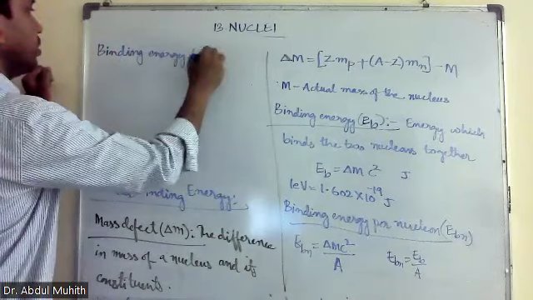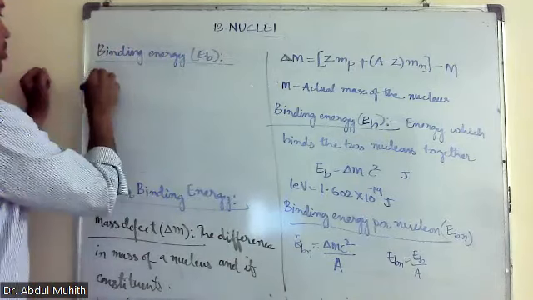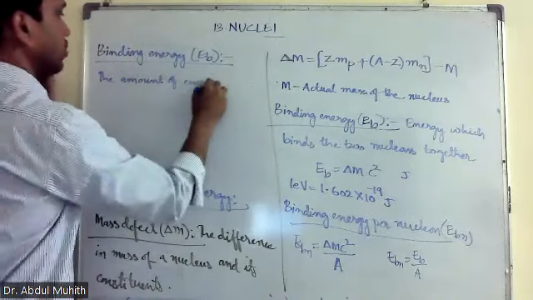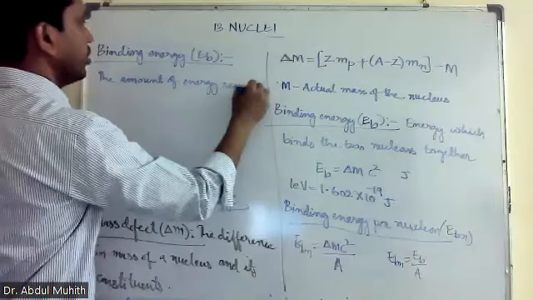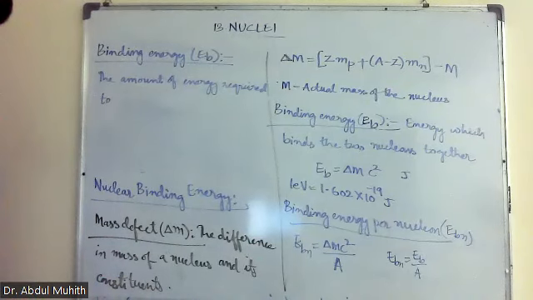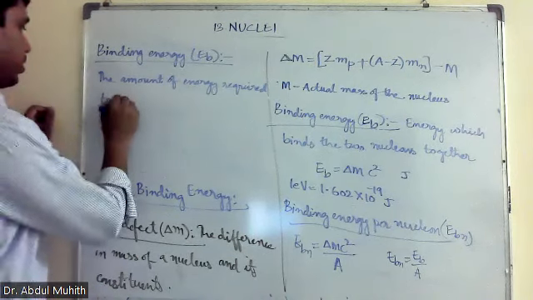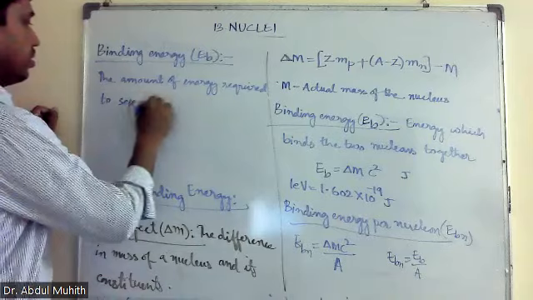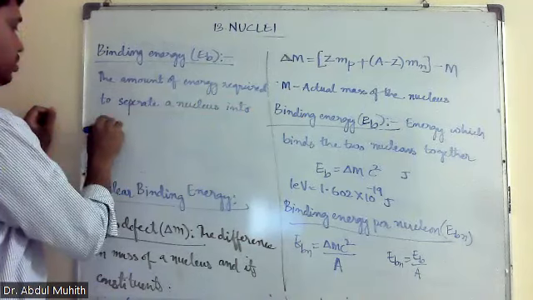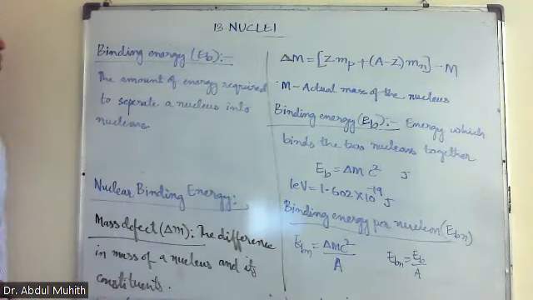Binding energy is EB: the amount of energy required to separate a nucleus into its nucleons.